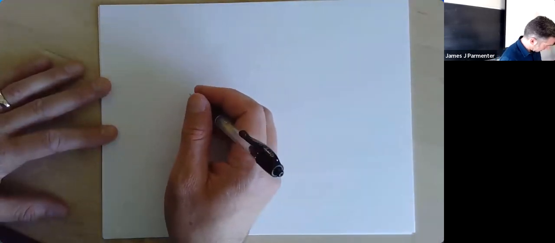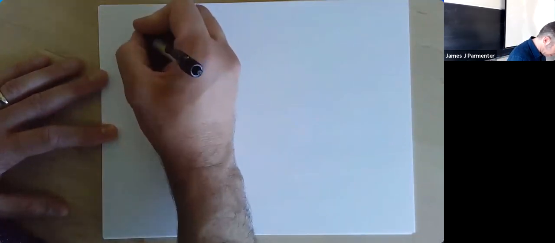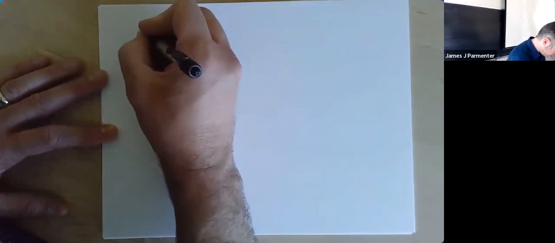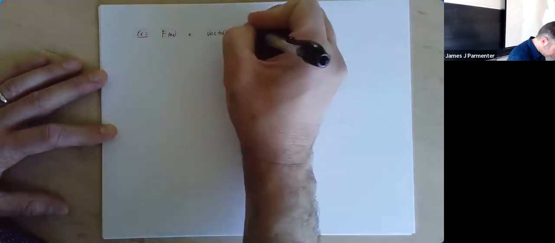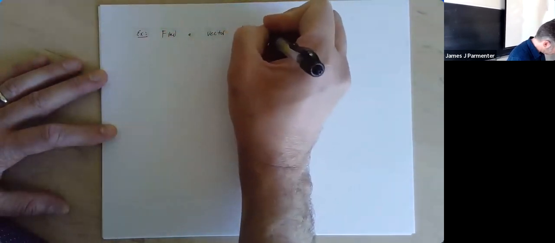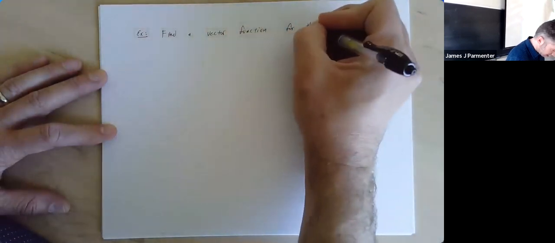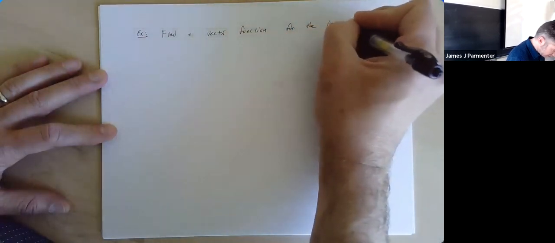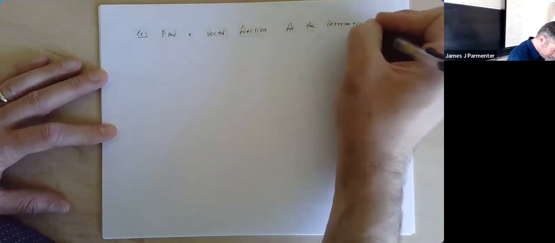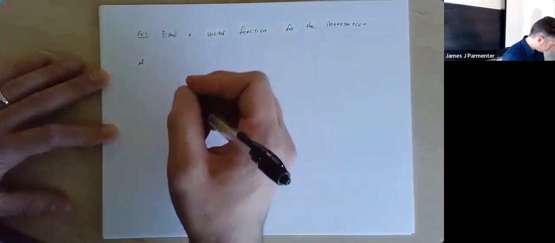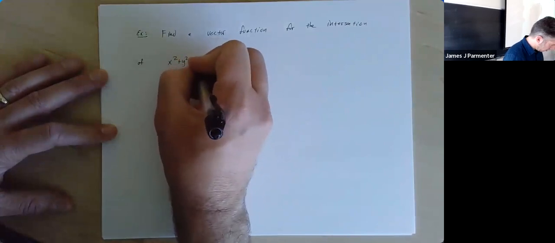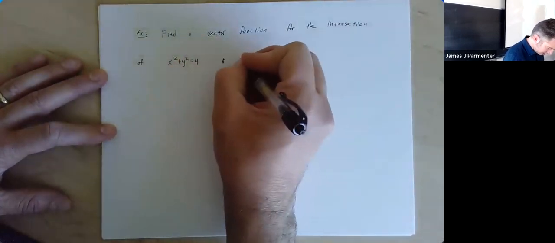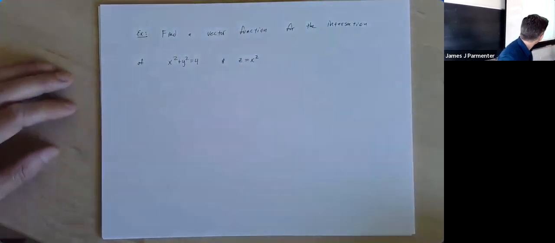So let's look at this. Let's say we want to find a vector function, which is what we're going to start talking about, for the intersection of these two surfaces: x squared plus y squared equal to 4 and z equal to x squared.